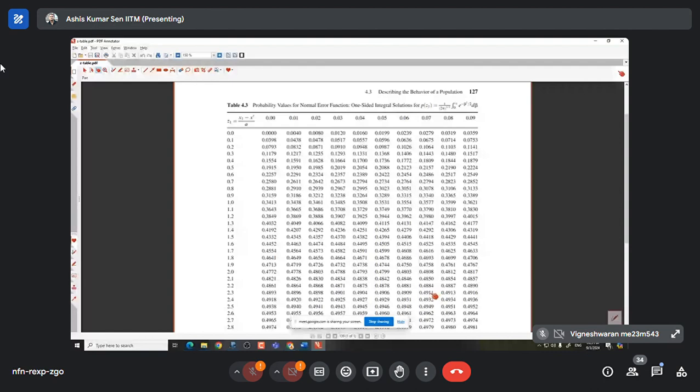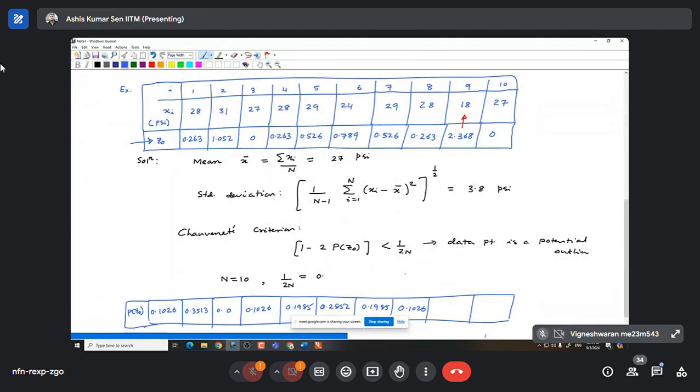If you interpolate, it is around 0.4910, and when it is 0, it is 0. Then you have to find 1 minus 2 PZ0, right? So you can find this out for all these values.